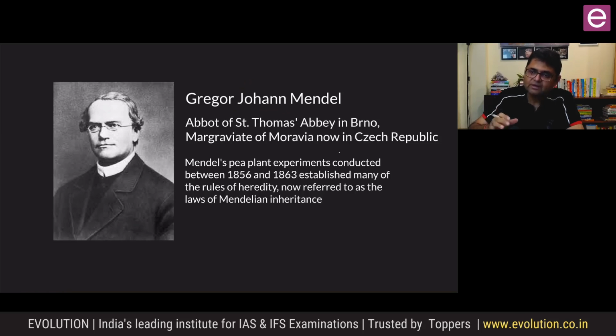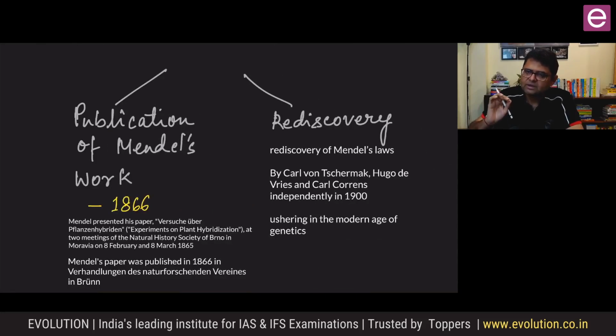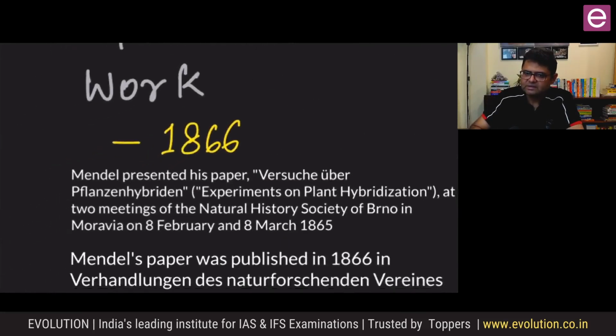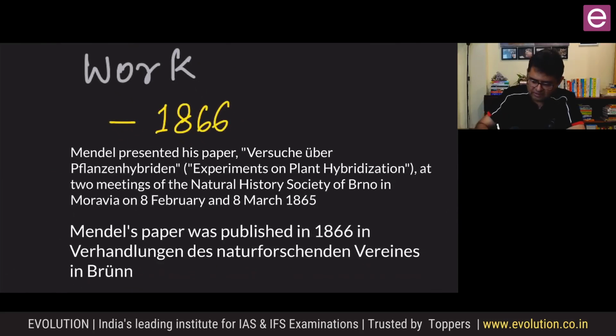Scientifically, we call it reading the paper. And a year later, Mendel published the paper that he had presented in the local chapter of the Natural History Society. So a year later, the same paper with some more polishing got published. So the year of publication of Mendel's work is 1866. Of course, the title of the paper was Experiments on Plant Hybridization.